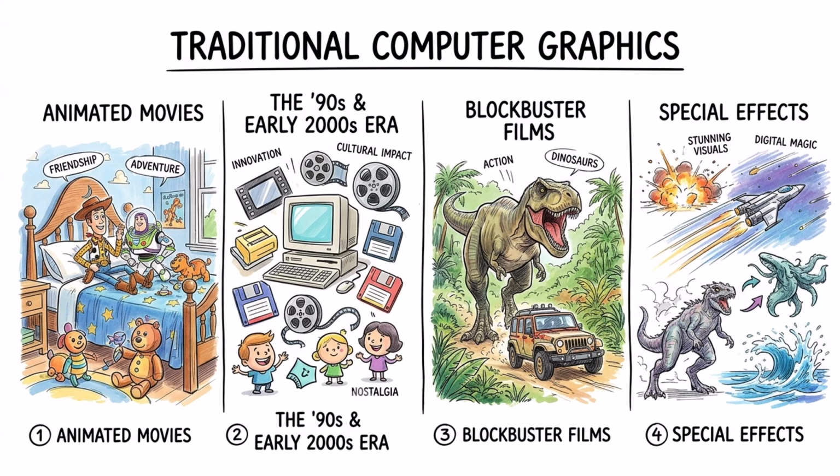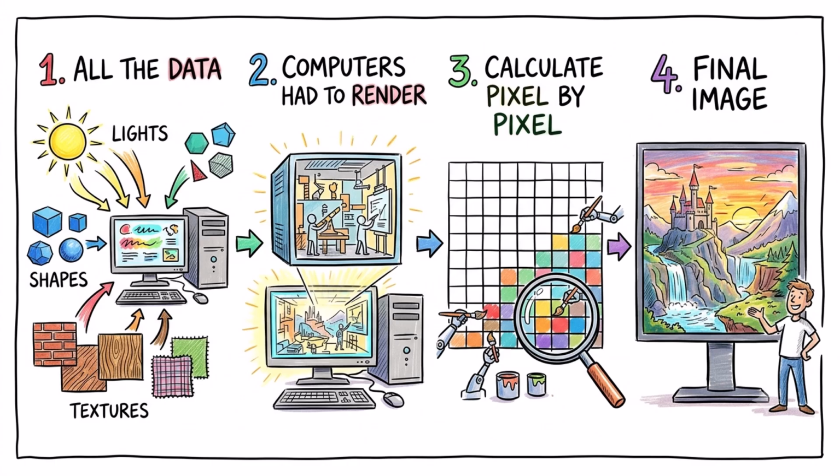Think about traditional computer graphics. Think about the animated movies we all watched in the 90s or the early 2000s, or the special effects in big blockbuster films. Toy Story, Jurassic Park, that kind of thing. To make those incredible images, computers had to render them. The computer would take all the data, the lights, the shapes, the textures, all of it, and it would calculate pixel by pixel what the final image should look like.